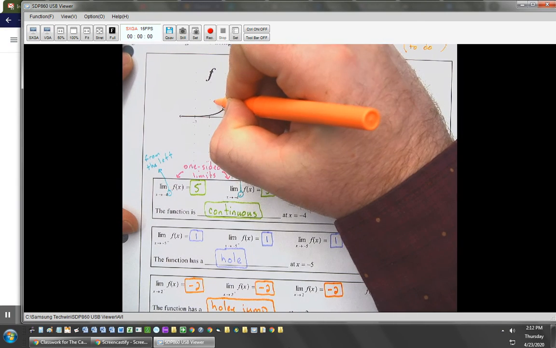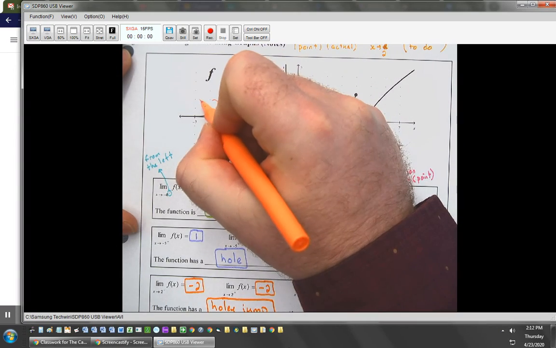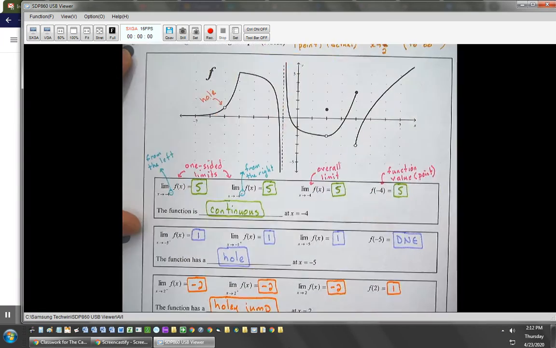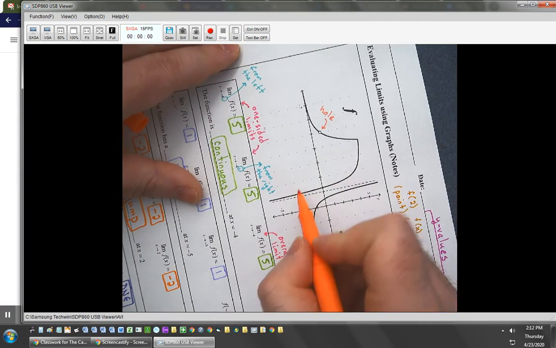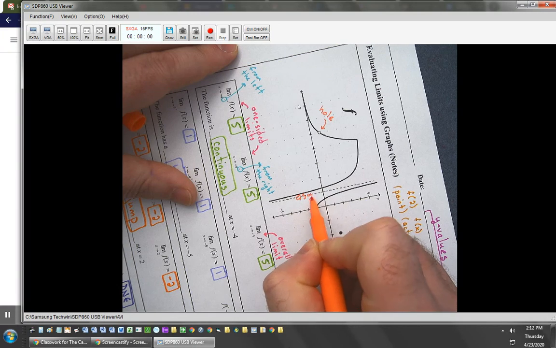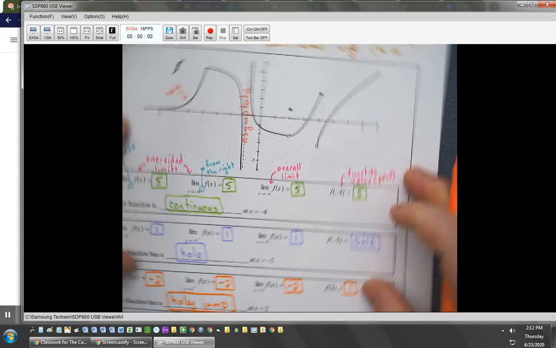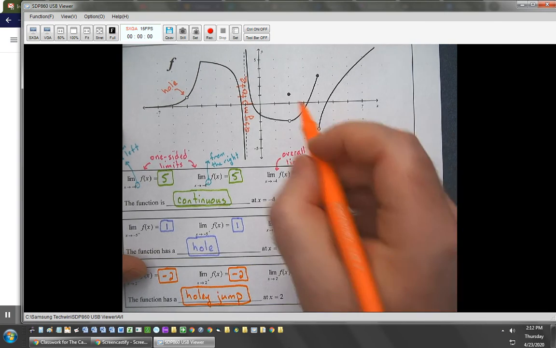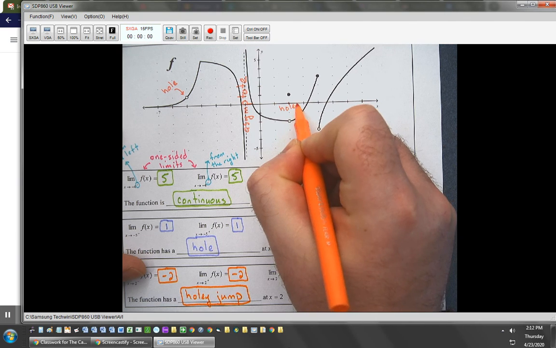Okay, what do we call this thing? Yep, this is called a hole. What do we call this? This is called an asymptote. What do we call this? This is what we call a holy jump.